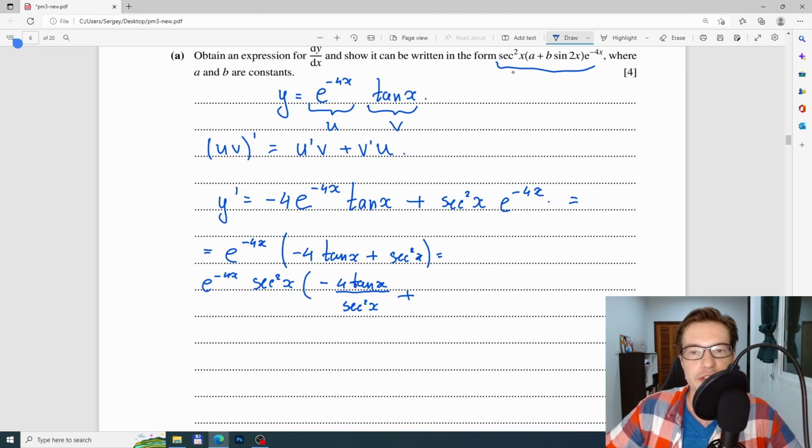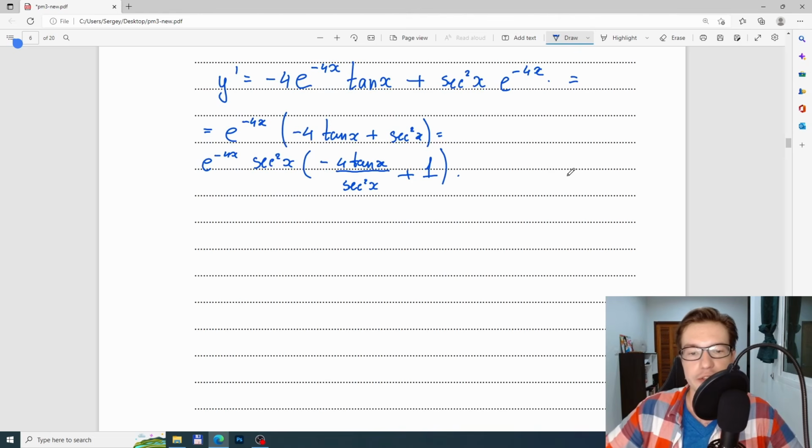Now, because secant squared is outside, here we've got plus 1. Okay, so now let's have a look at tangent x over secant squared x. I'm going to first write tangent x as sine x over cosine x, then I'll have to divide it by secant squared x, which is actually 1 over cosine squared x.